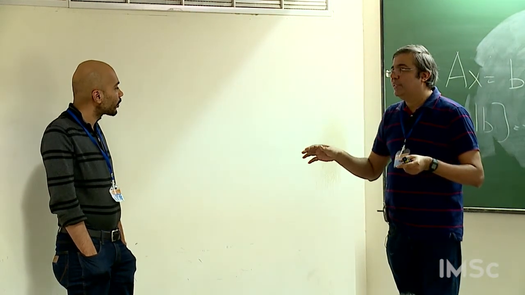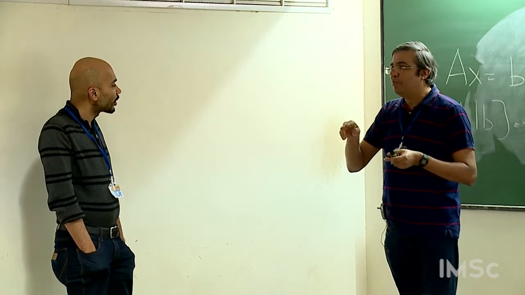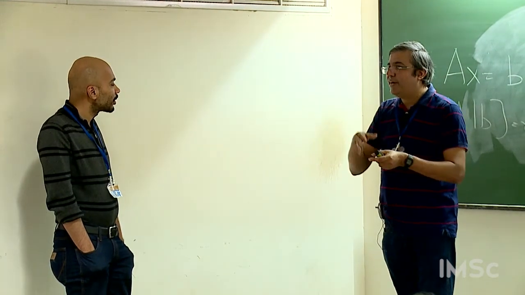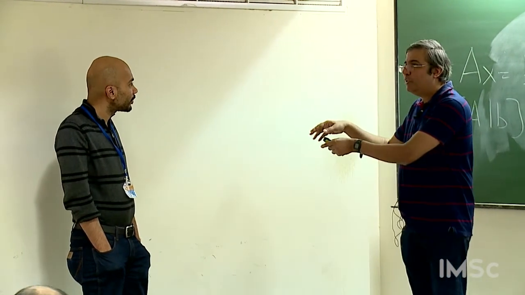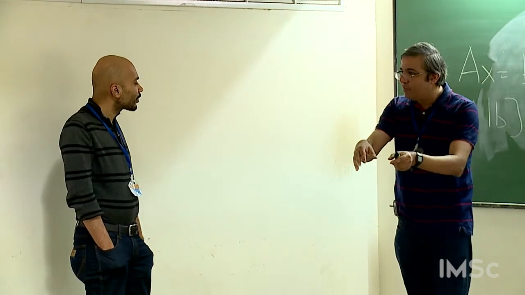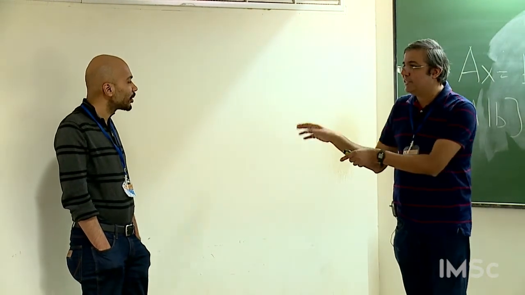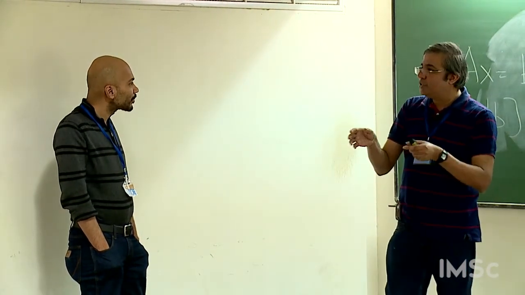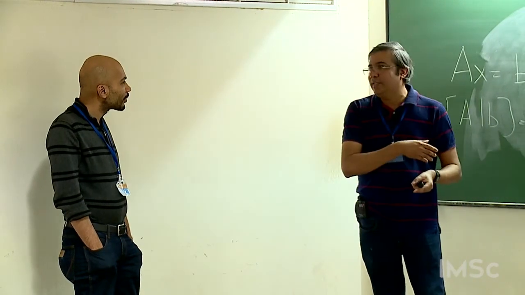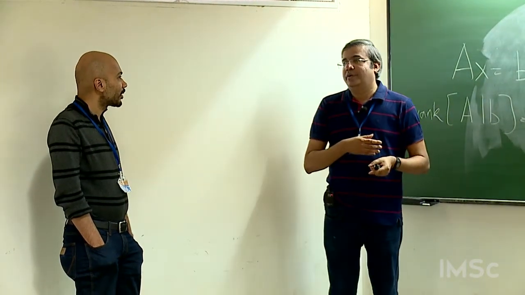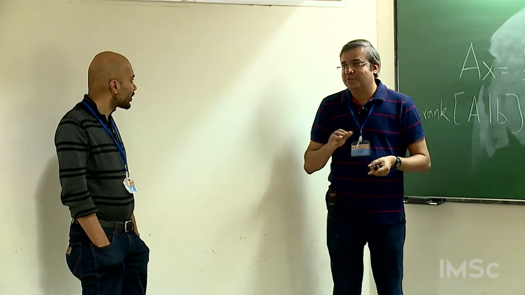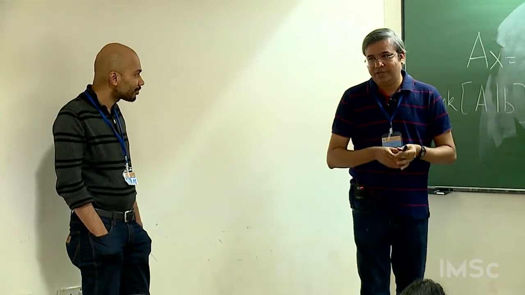So if you started with some 2n plus 1 vertices and added a few edges, and if you started with 2n vertices and added the same edges, the answer should be the same, while in this case they will be different. Right. Yes. So that's all.